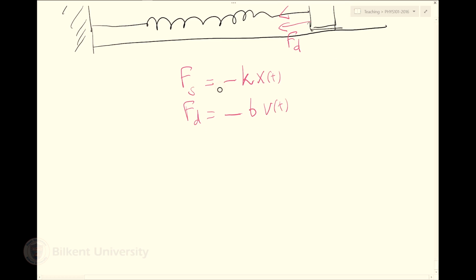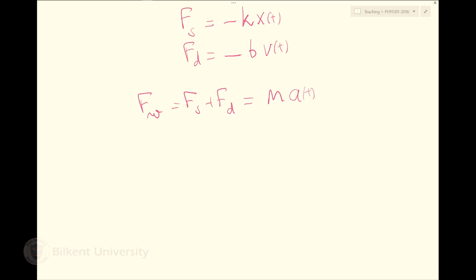So F net, which is the spring force plus the drag force, is equal to m times a, and m times a is m d square x dt square, which is equal to minus k times x of t minus b times dx over dt.